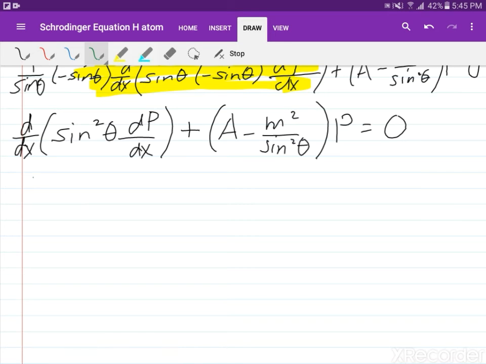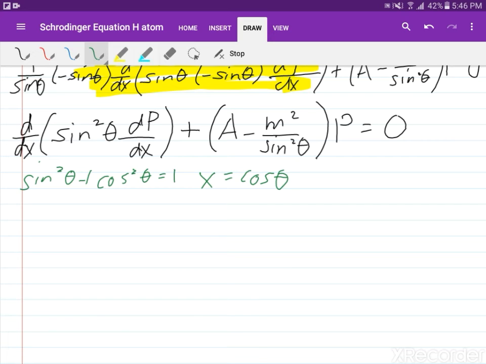Okay, now we use the identity sine squared theta plus cosine squared theta equals 1, and we know that we have set x to be equal to cosine of theta.